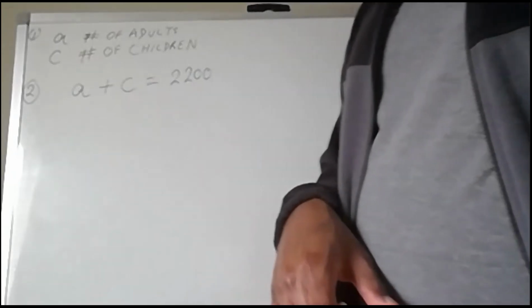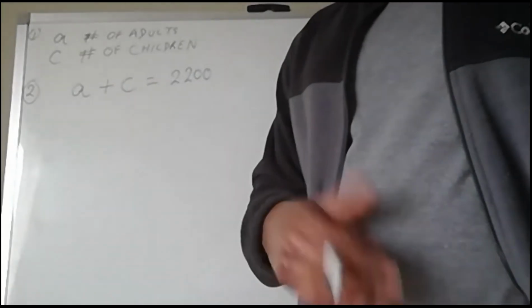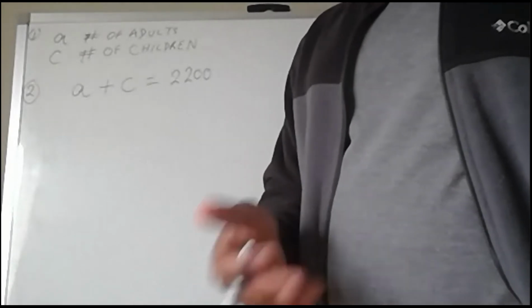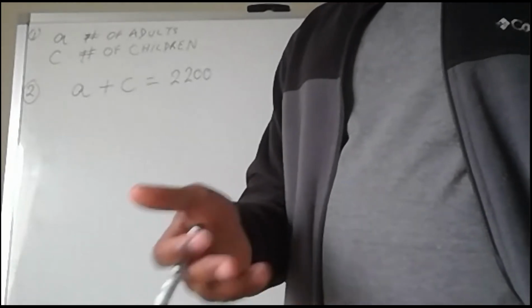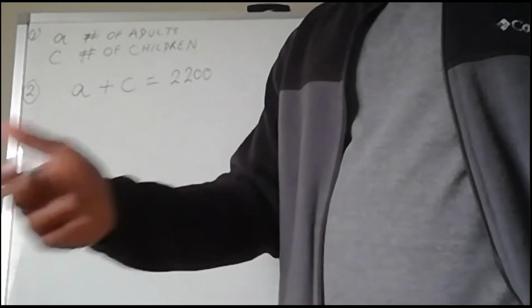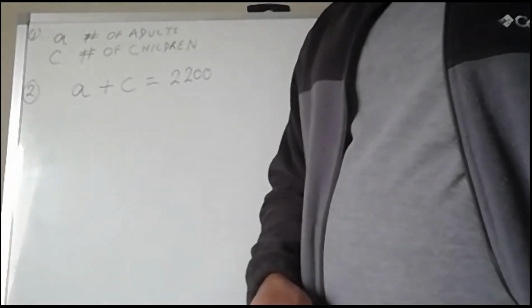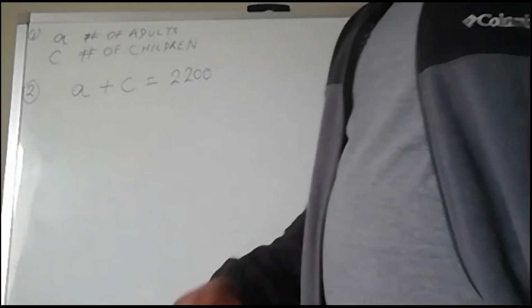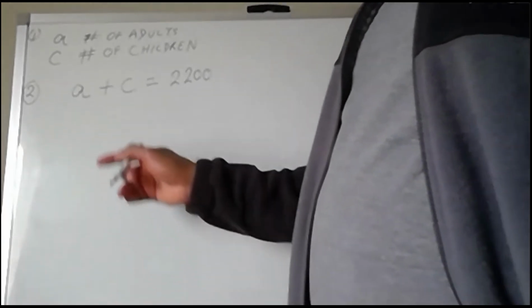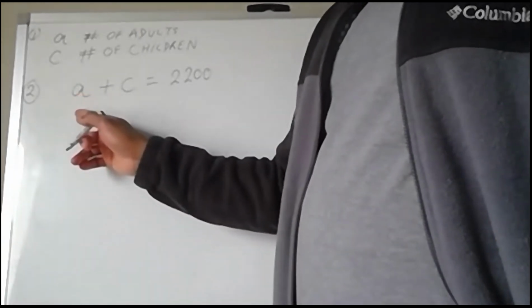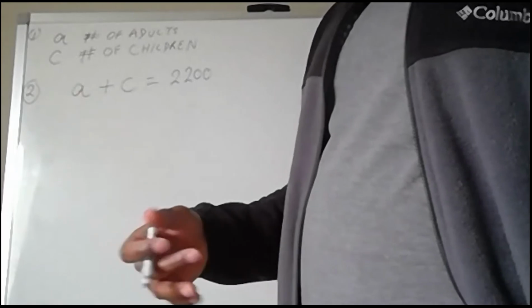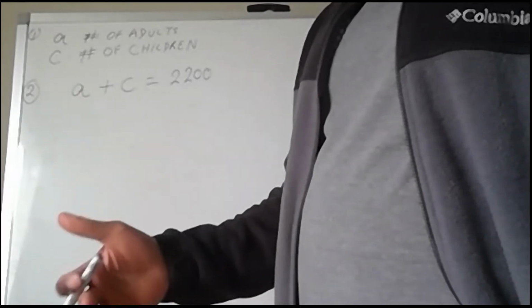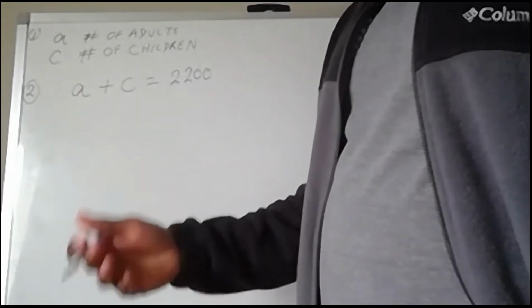Now, usually we find the total cost for something by multiplying the price per unit times the number of items. So here we are going to multiply the number of adults by the fee for an adult, which is $4.